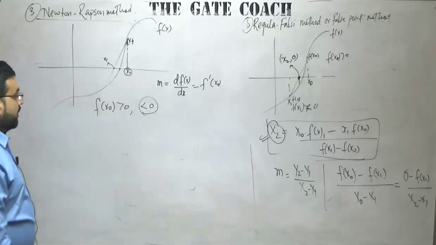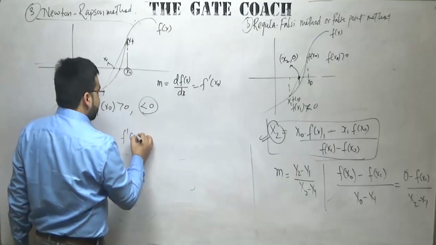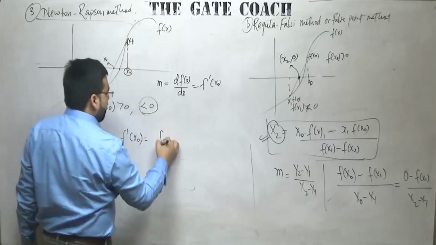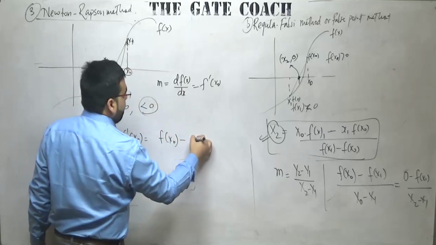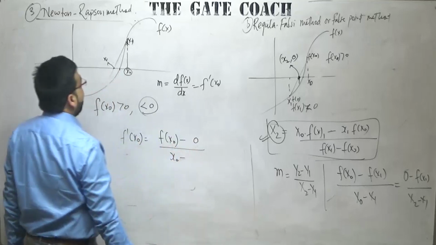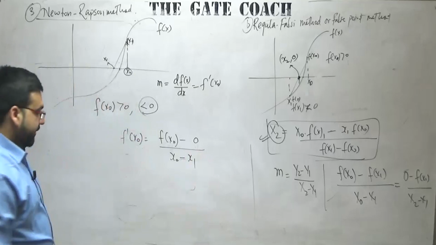Simple. The slope of this line, that is f dash x0, will be equal to y2 minus y1. y2 is f x0, minus, here this y is 0, divided by x2 minus x1, that is x0 minus x1. I want to calculate this x1 actually.